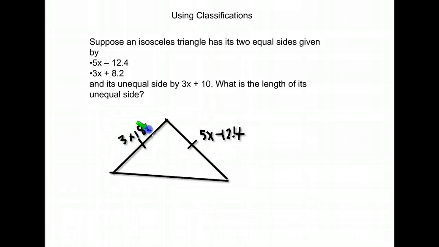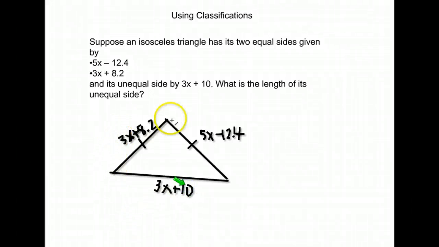Now, anytime we see those x's, we go, okay, we're probably going to have to solve an equation here. So when we have to solve an equation, we look to properties. It says, and its unequal side, so the side that's not the same as the others, has a length of 3x plus 10.